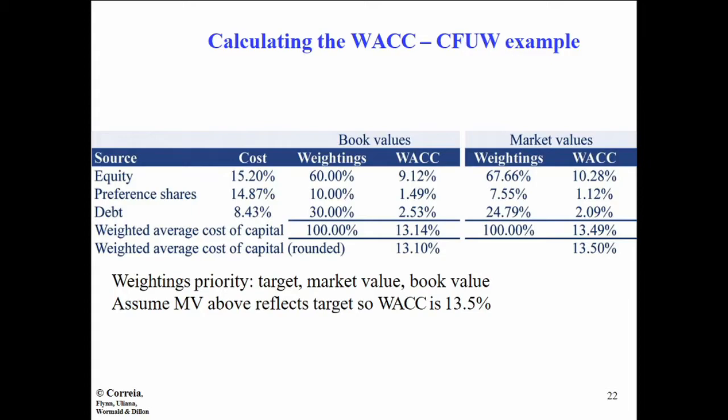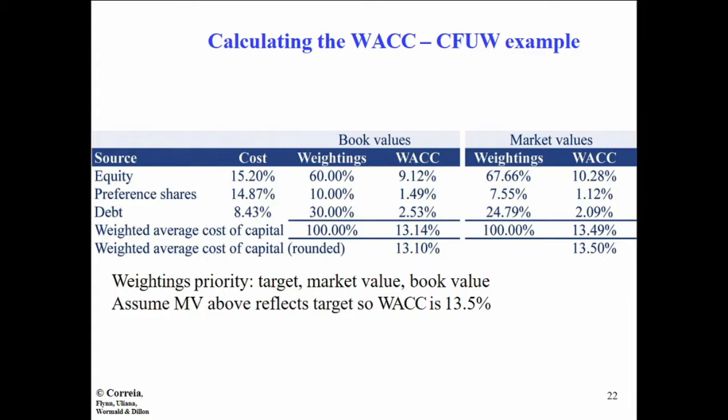If this is not available, then market values are appropriate. And lastly, if the target and market values are not available, then you can assume that the book value is appropriate.